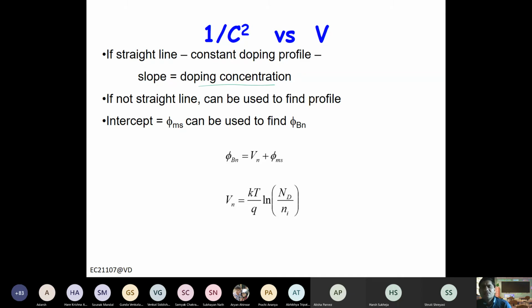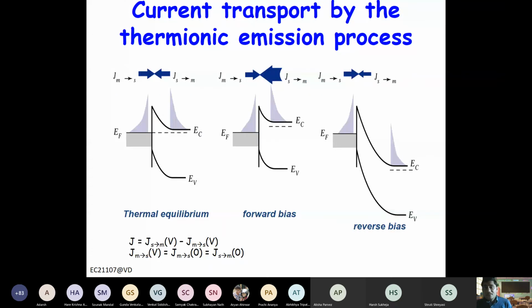Now, how does the current flow in this kind of metal-semiconductor junction? This process is called the thermionic process. So this is pictorially shown here. In equilibrium, there is electron flow from semiconductor to metal and from metal to semiconductor.